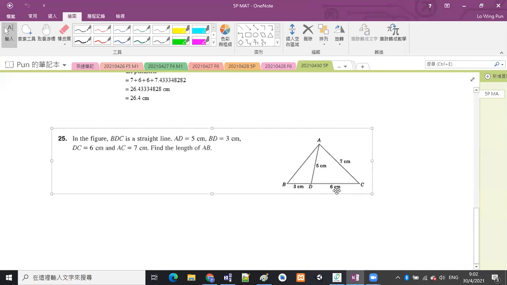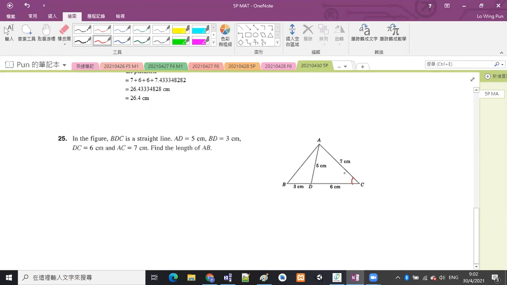So we may use the cosine formula to find some angles in triangle ACD. Can you get my idea? If I use triangle ACD to find angle C, this can be found, right? Then I can go back to triangle ABC. In triangle ABC, we have 9 cm, we have 7 cm, and we have already found this angle.